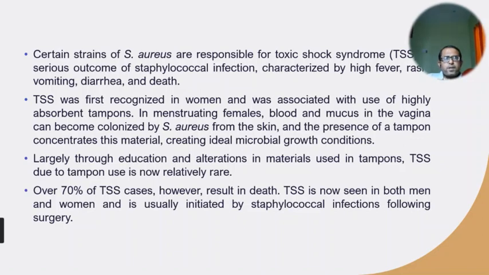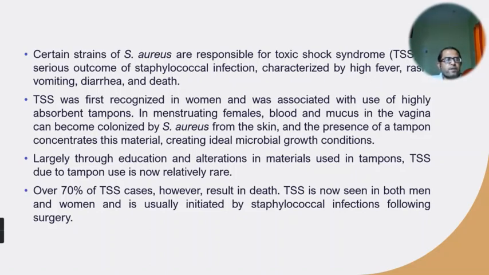Toxic shock syndrome was first recognized in women and was associated with the use of highly absorbent tampons. In menstruating females, blood and mucus in the vagina can become colonized by this Staphylococcus aureus, which is present on the skin, and the presence of a tampon concentrates this material, creating ideal microbial growth conditions.